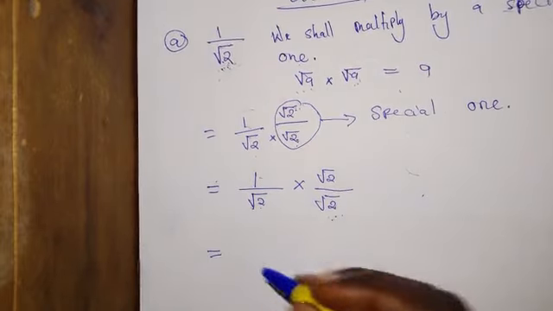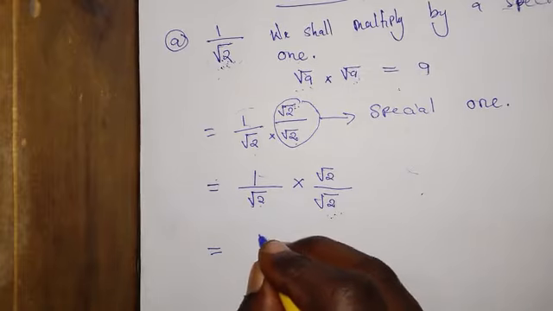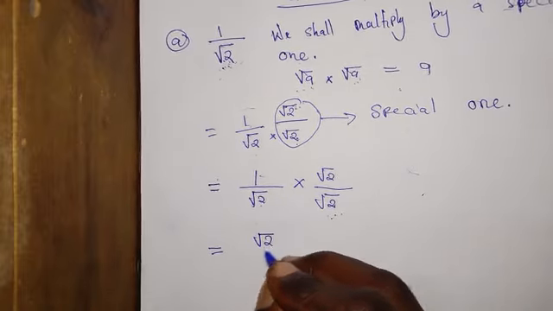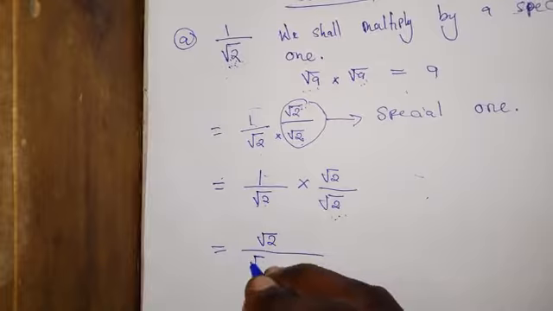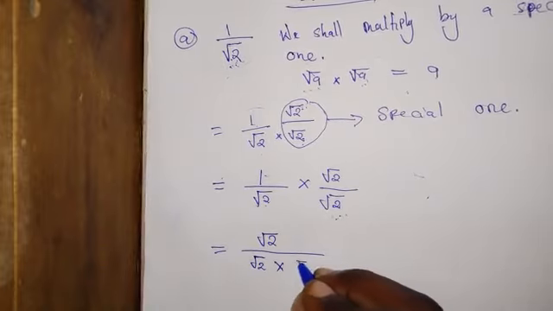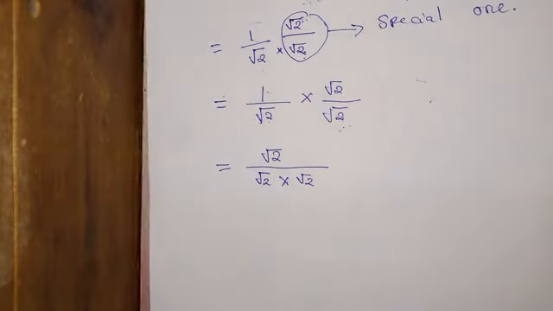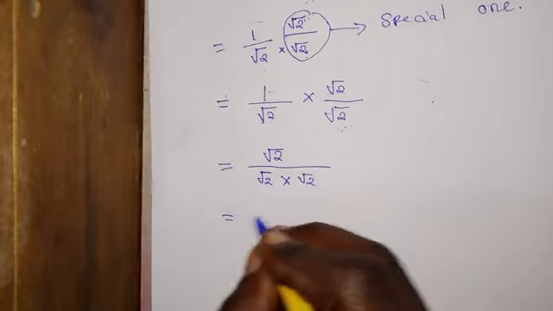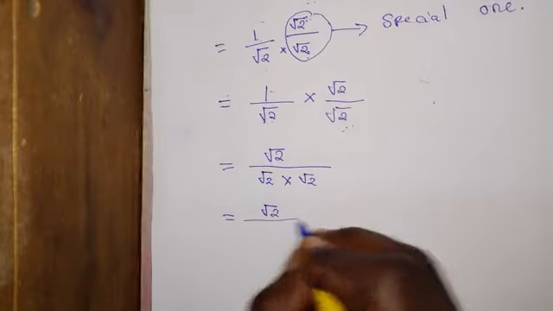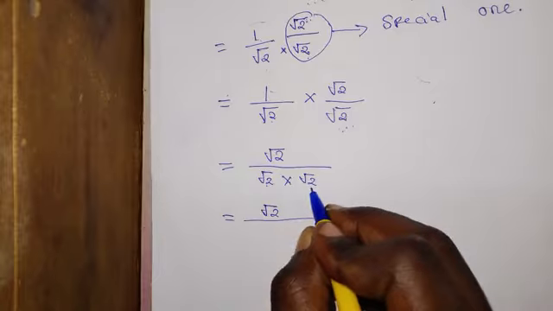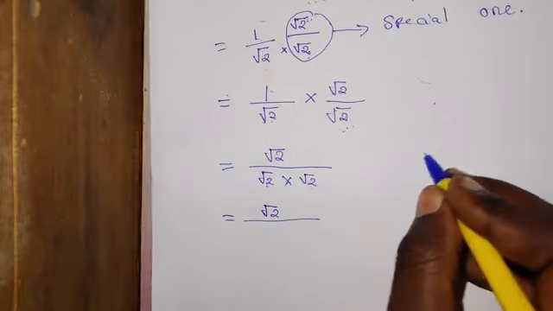You can multiply throughout fractions, this times that. I'm going to have 1 times root 2, I will still have root 2 over root 2 multiplied by root 2, according to this property.